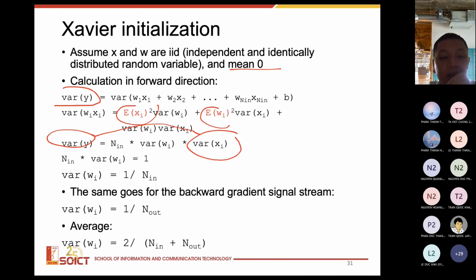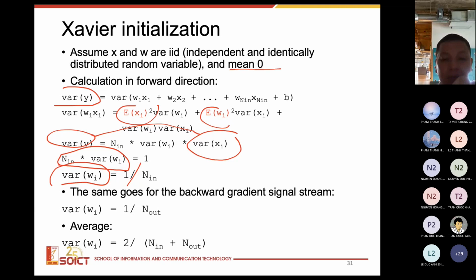So in that case, this computation should be 1, and we want the variance of Wi to equal 1 divided by n in, the number of input dimensions.